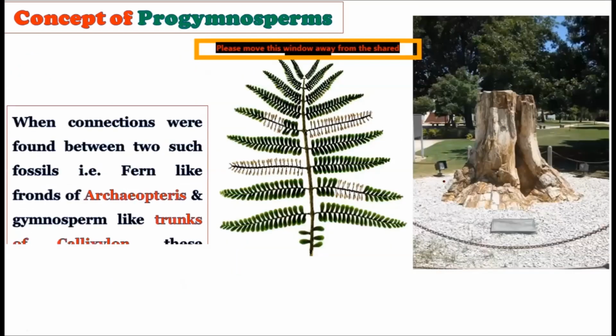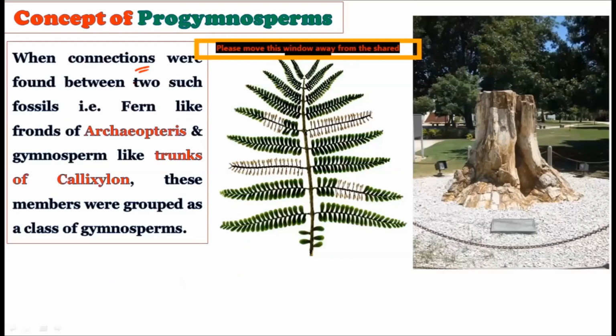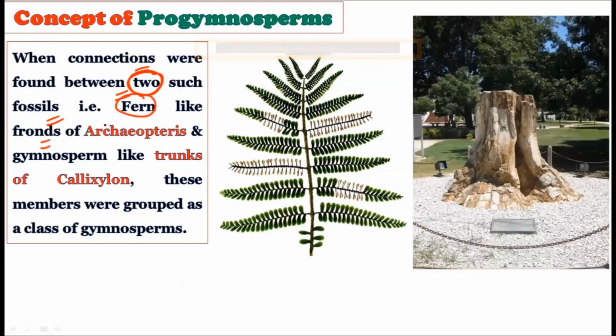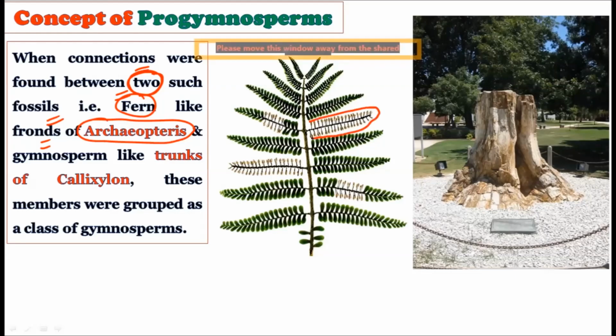Now understand this. When connections were found between two fossils, they compared the fern-like fronds of the Archaeopteris plant. Its fronds were exactly like ferns, and as you know, fern is a group of the pteridophytes. So fern-like fronds were present in Archaeopteris, and the gymnosperm-like trunks of the Palaeozoic.